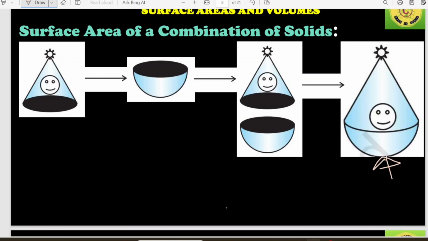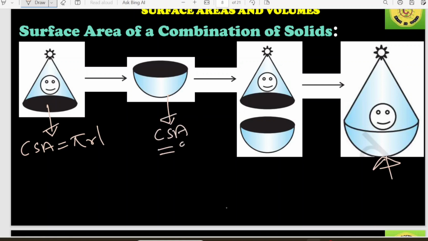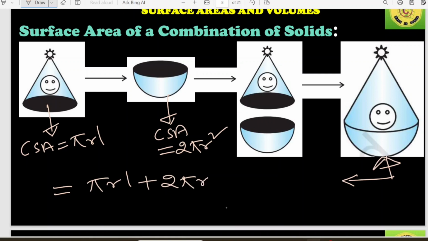CSA of cone is pi r L. Hemisphere CSA will be 2 pi r square. So together we get the total pi r L plus 2 pi r square.